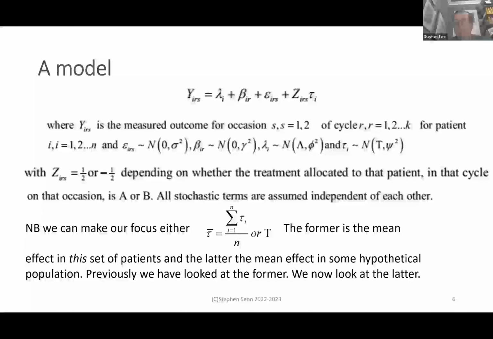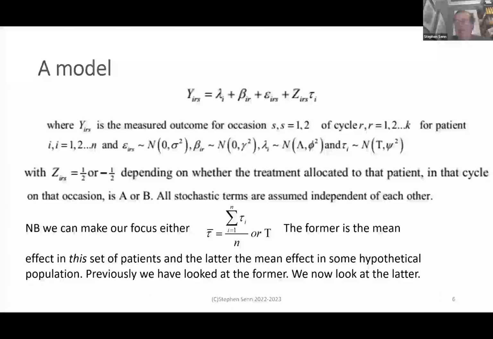And this means there is a particular difficulty in indexing all of this. And one way to deal with this is to have a sort of treatment indicator, Z IRS, which is given the value half or minus half, depending upon whether the treatment allocated to that patient in that cycle is A or B. I'm going to assume all stochastic terms are independent of each other.